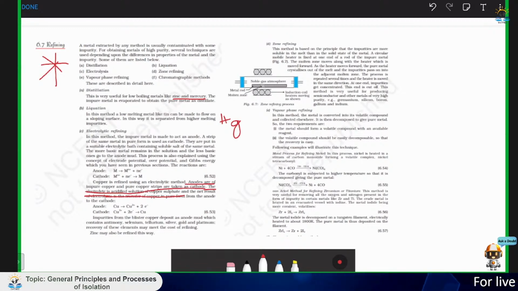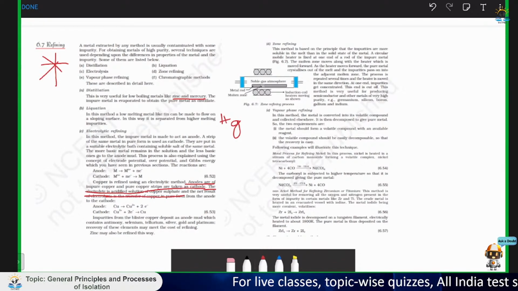The net result of the electrolysis is transfer of copper from anode to cathode. The impurities are from blister copper: silver, gold, and platinum. Zinc is also refined this way.